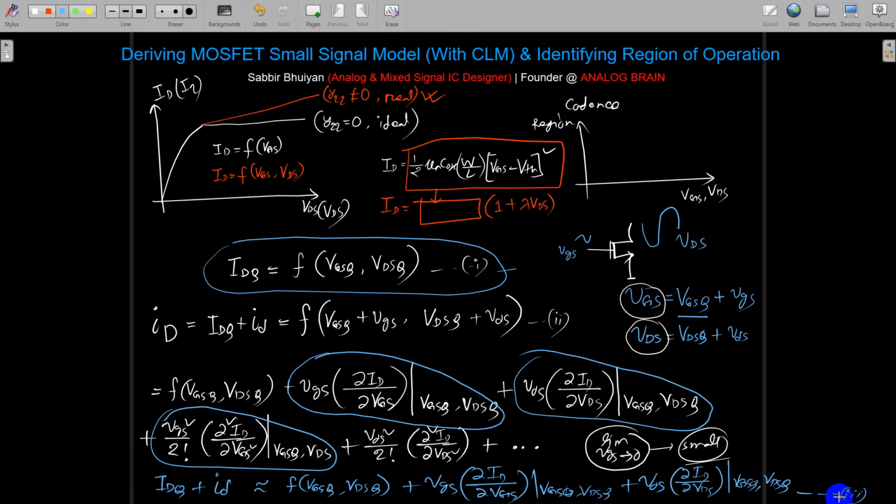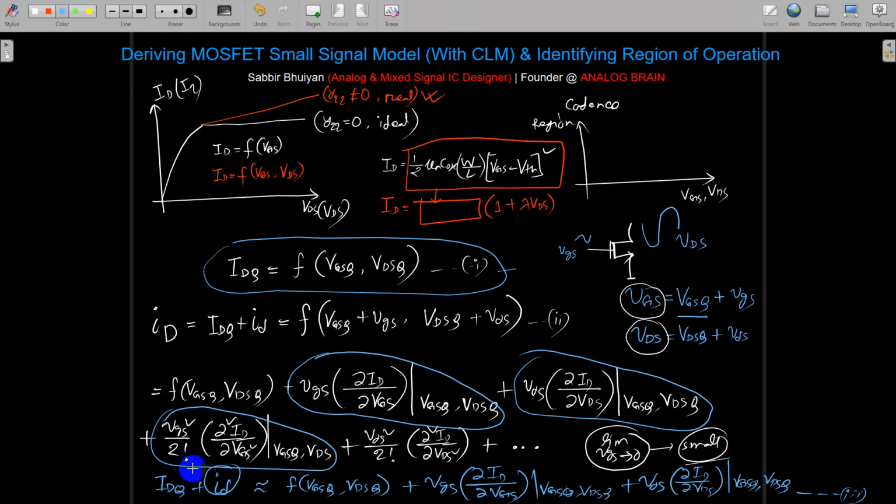Actually we want to model the small signal. So we want this i_D, only this i_D. We are assuming we are properly biased. We do not want this large bias I_DQ anymore. So just simply subtract this I_DQ from this I_DQ plus i_D.